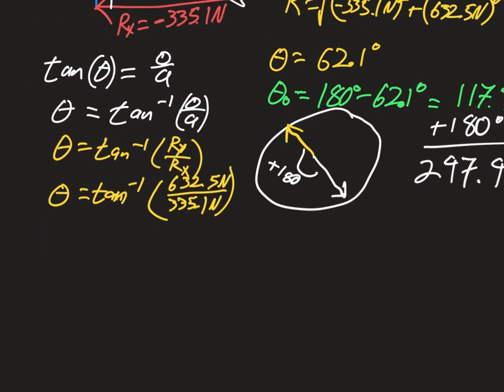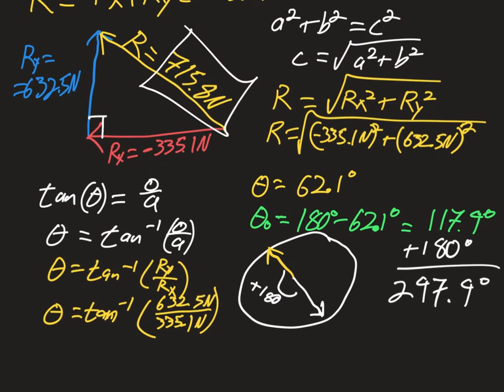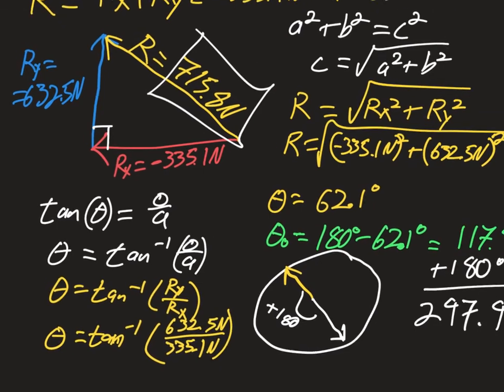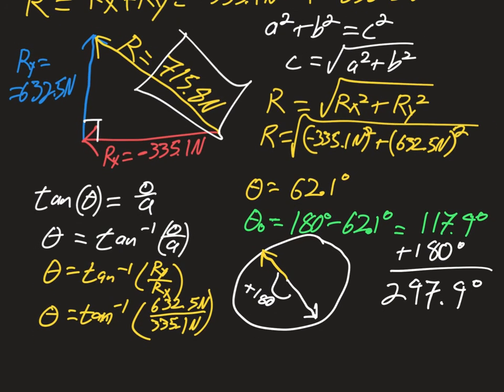To find my angle, I'm going to break this down a little bit more. So I can use my simple tangent of theta is equal to opposite over adjacent. I move tangent by doing the inverse. So inverse tangent of opposite over adjacent is equal to my angle theta.